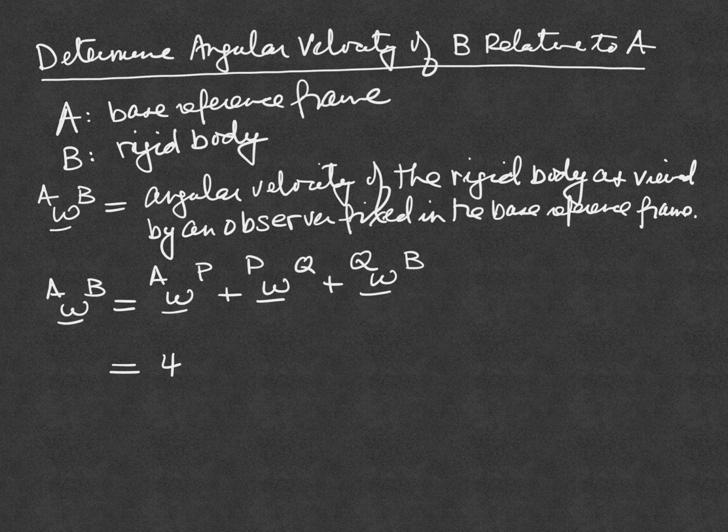So we get psi dot times P3 plus theta dot times Q1 plus phi dot times B3. Notice 3-1-3. That's why it's called the 3-1-3 Euler angle sequence, because of the rotations.